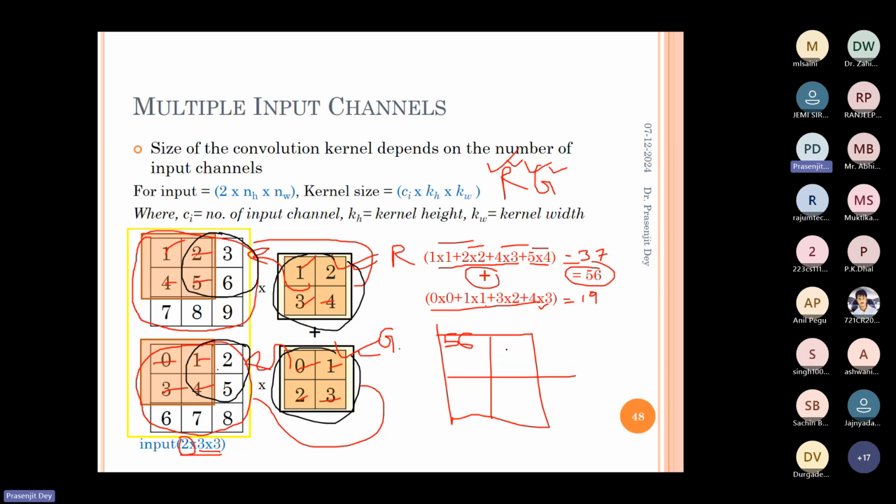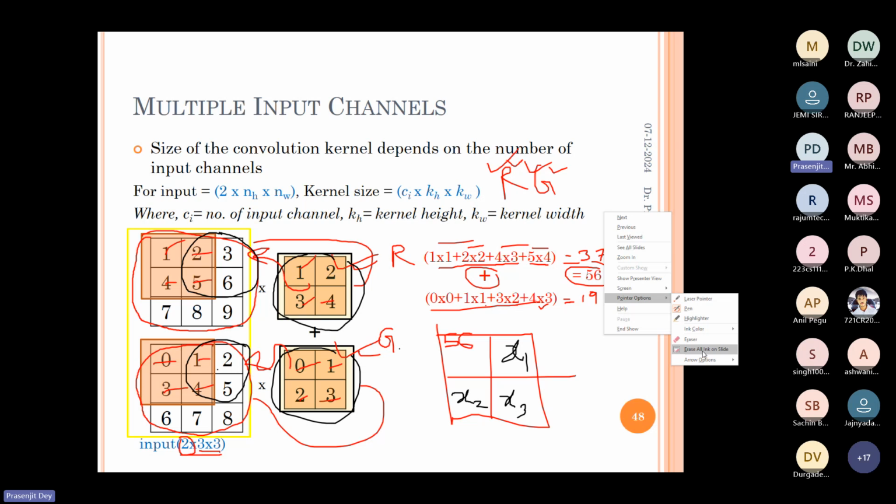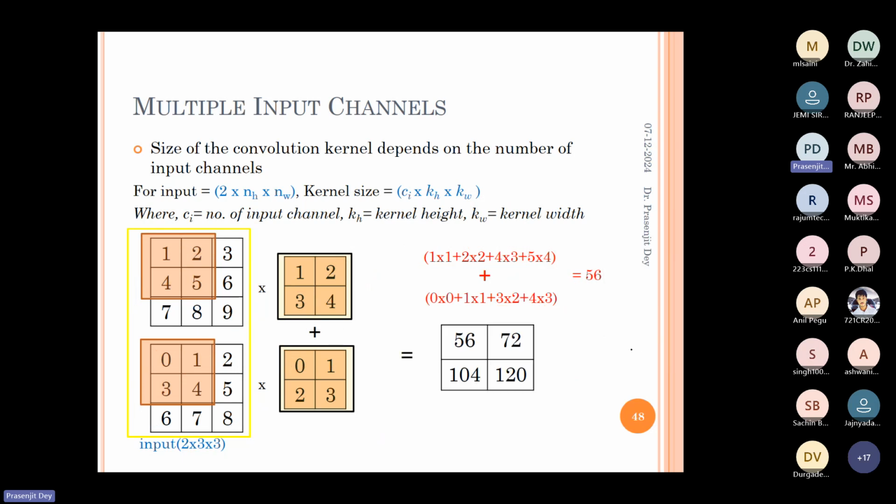Accordingly, we may get some other value which will be fed in here. Similarly, I will get some value x2 and some value x3. So for this input, I will get this kind of hidden representation. I have implemented the animation for it. Just see, this is how you are going to get the value.